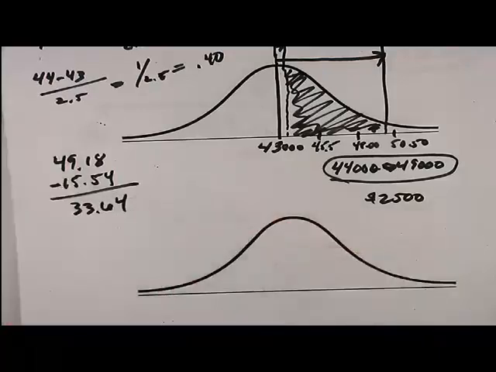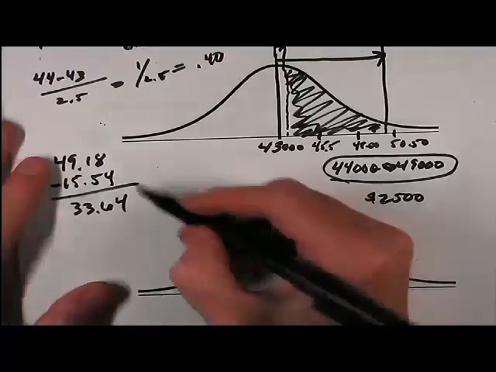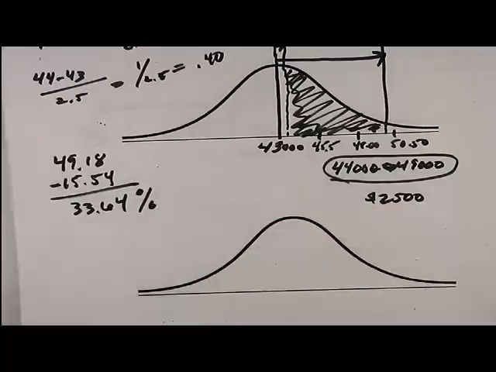So I can say close to, I can even say more than 33% of my company, almost 34% of my employees got a raise last year, right? So we can do this any way the problem is given to us.